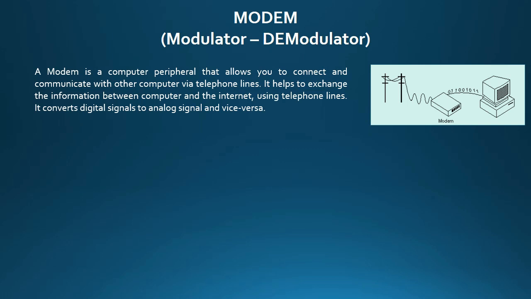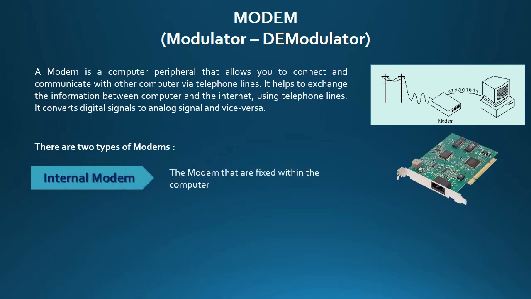Now there are two types of modems. First one is internal modem. In the internal modem, these are actually fixed inside the computer. You can see the picture here. So it is shown just like a card circuit board which is actually used inside the computer for working as a modem.